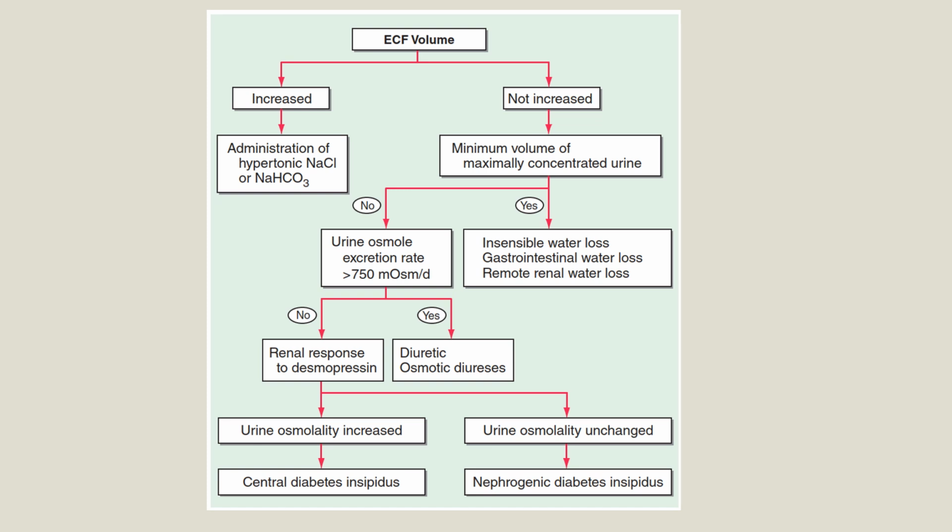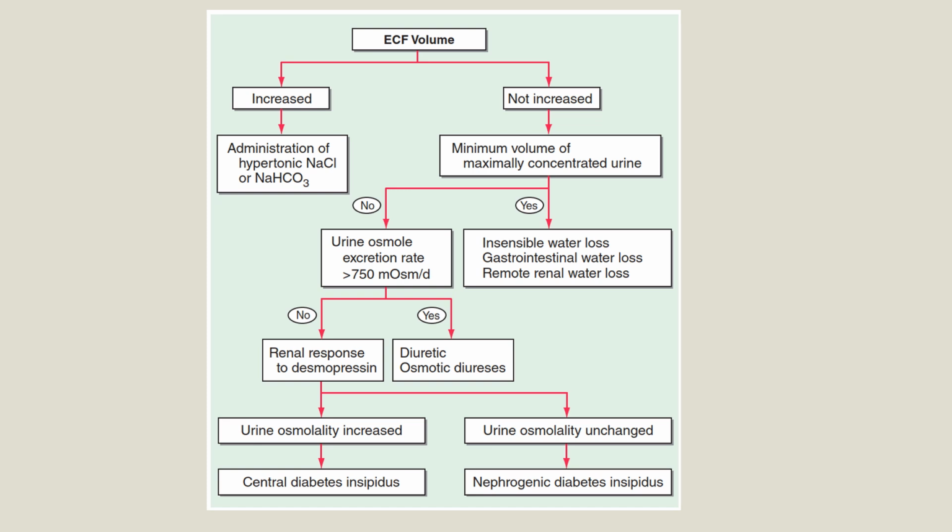If we have a minimal volume, meaning less than 500 ml per day, and maximally concentrated, more than 800 milliosmoles, then the cause is probably insensible water loss, gastrointestinal water loss, or remote renal water loss, and the treatment here, of course, is to replenish that water with D5W or hypotonic saline.